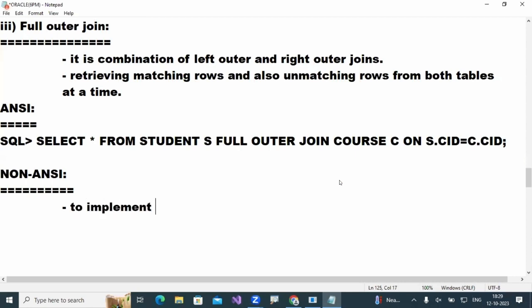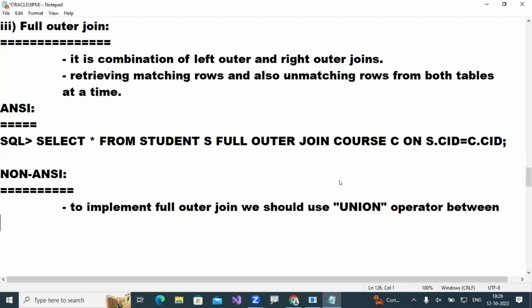To implement full outer join, we should use the union operator between left outer and right outer join statements like below.